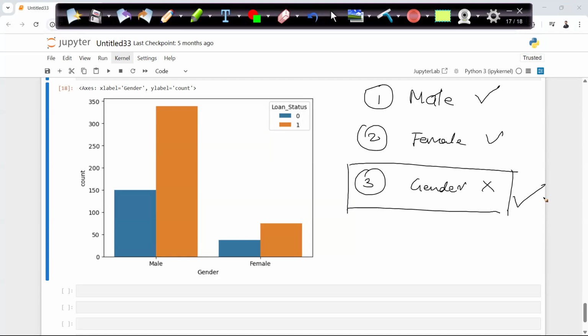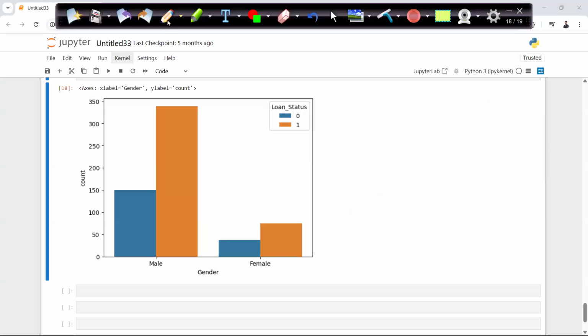Right? Now question arises why? I just told you a few minutes back about the ratio concept, right? Focus on the ratio here. How many males got the loan? Roughly 350, let's make it 350. So 350 males got the loan.